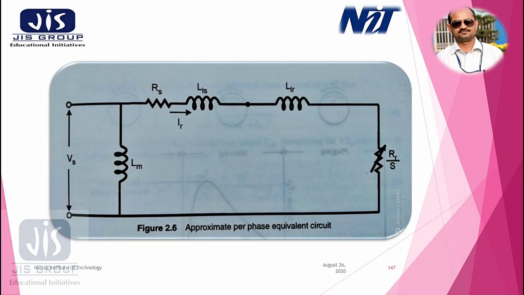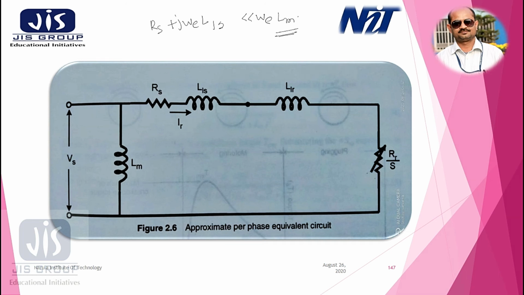This is my approximate per phase equivalent circuit, because Rs plus j omega e Lls is much less than omega e Lm.